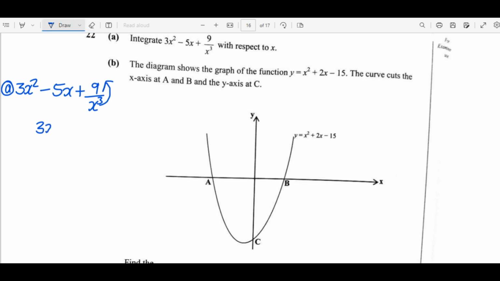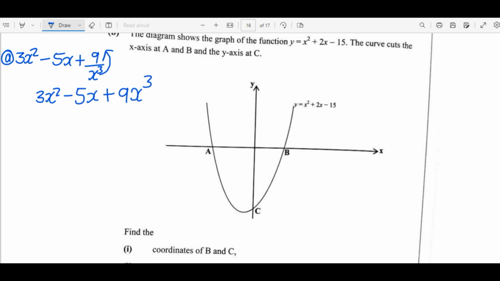So we have 3x squared minus 5x plus 9x raised to the power negative 3, and we are integrating this with respect to x. Whenever we are integrating, we replace with y. Then what are we going to do? If you are differentiating, the power is subtracted by 1, but for integration you add 1.